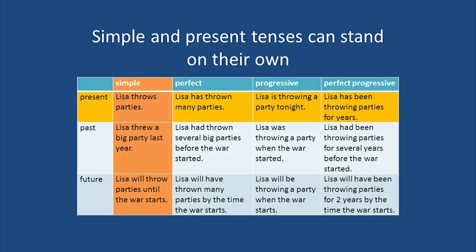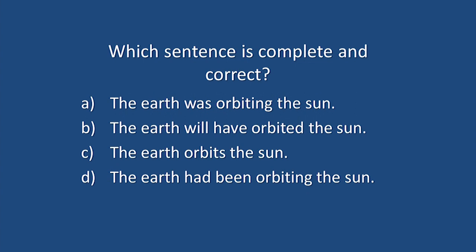As we have seen, the past and future progressive and perfect tenses are used to contrast two actions. If you have just one action, you don't need them. In that case, use the simple tenses and the present tenses. Let's do an exercise. Pause the video and decide which sentence is best.